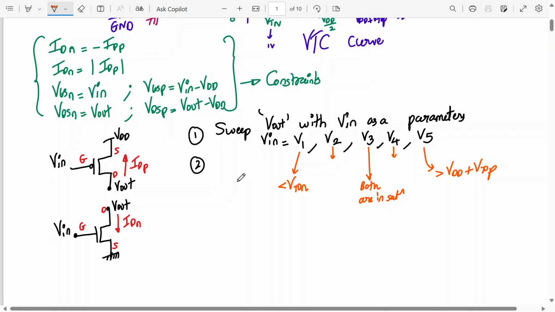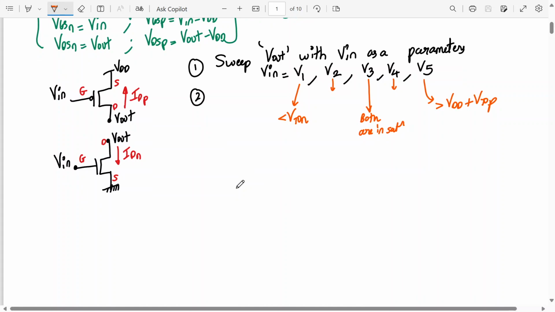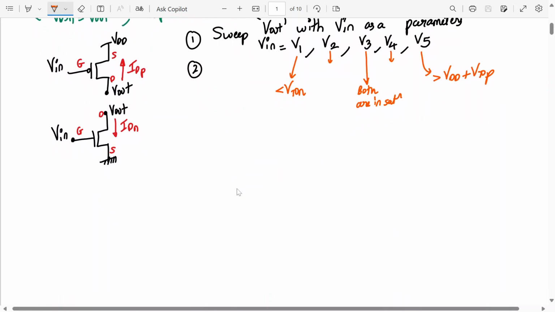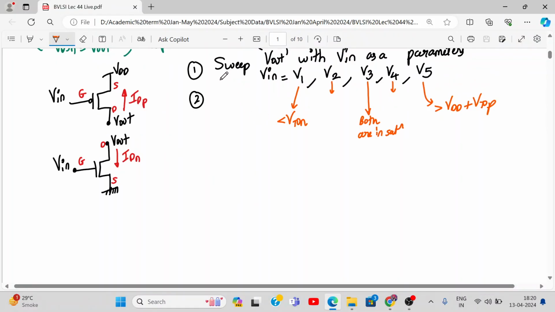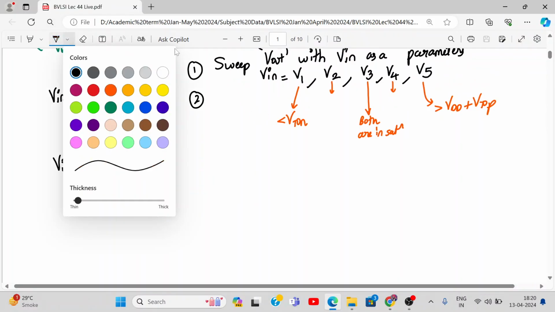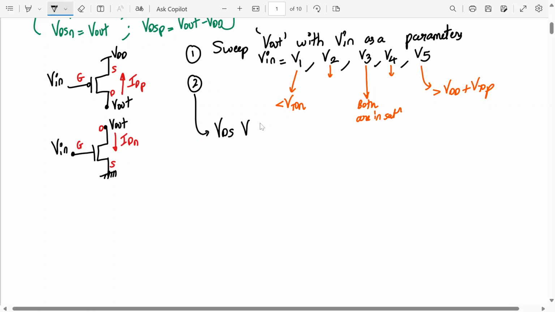Okay, fine. So let's sweep V out with V in as a parameter and plot the characteristics of VDS versus ID for both PMOS and NMOS transistors.